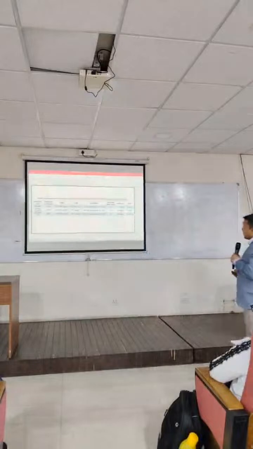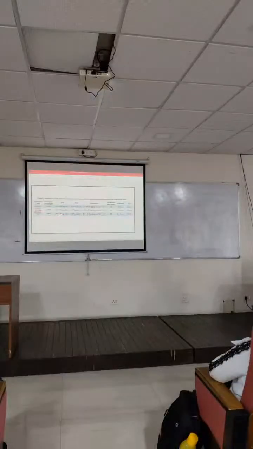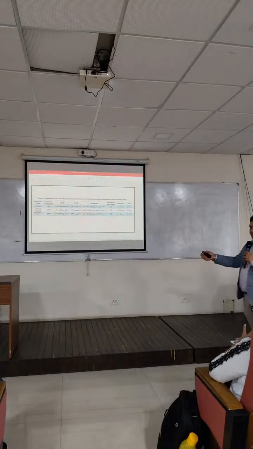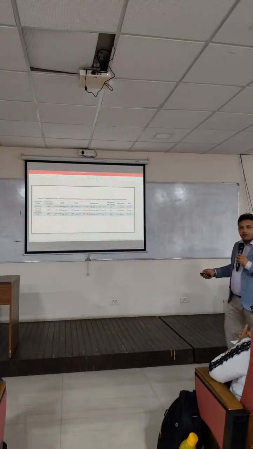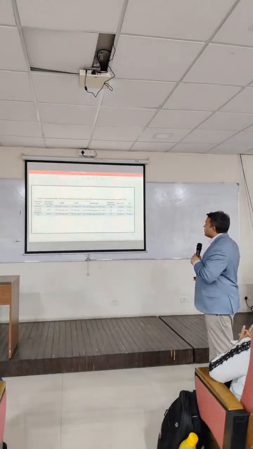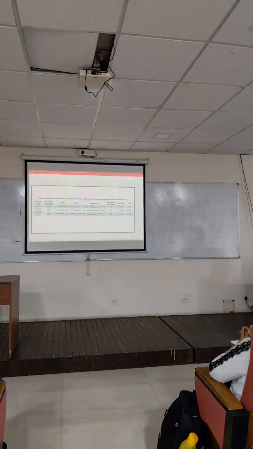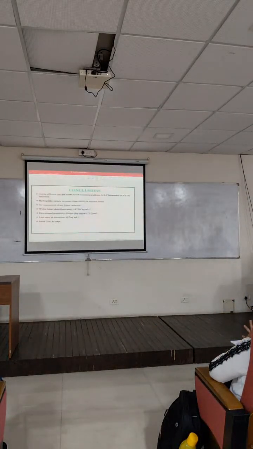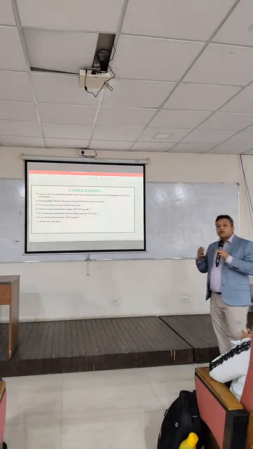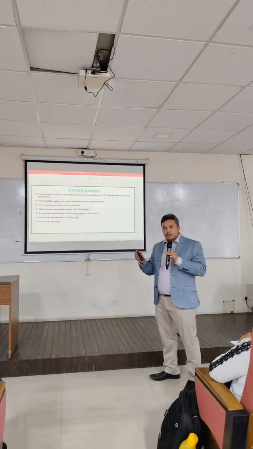Shelf life is 35 days. This one is published in ACS Applied Biomaterials, and this one we have filed a patent. So this is the output of the developed biosensor, which can be used for the diagnosis of liver cancer.